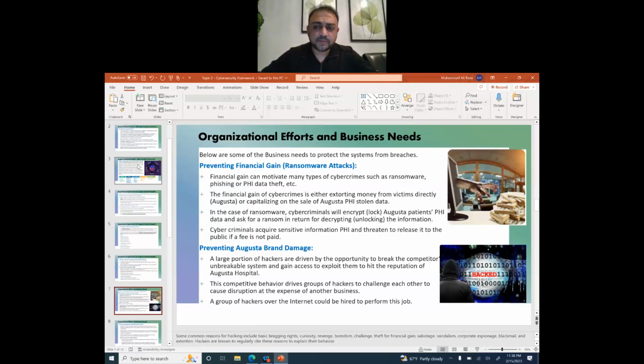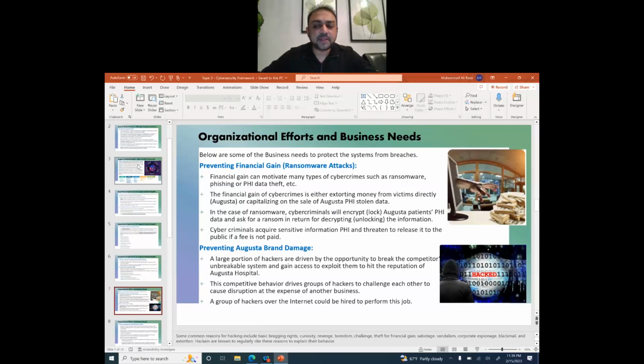And sometimes they steal the PHI information and publish some of it over the internet. They ask for money to decrypt the files, and that's how the hospital is in trouble. So we need to always protect our system and shouldn't be the victim of this kind of ransomware attack. That's our business need, and the organization's efforts to prevent them from financial gains.